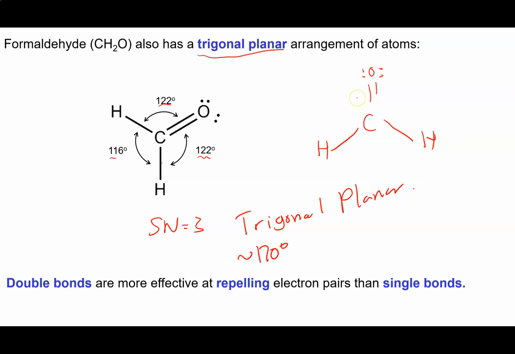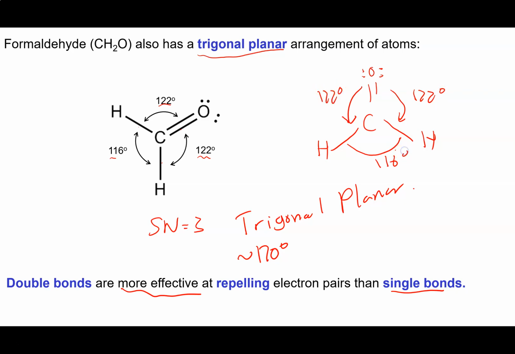There are 4 electrons in the double bond, which means that they are more effective at repelling electron pairs than single bonds. So what happens is that these guys push on those a little bit, and that causes this to squish up and that to expand.